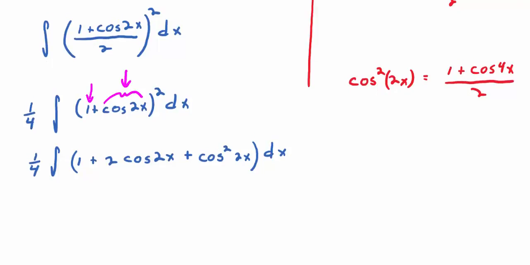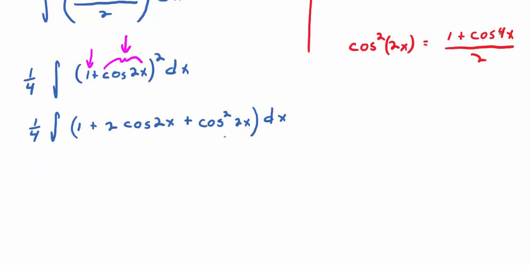So if it were 2x to start with, you double it, you get 4x here, right? Everybody see that? So long story short, I can replace cosine squared 2x with 1 plus cosine of 4x all over 2. OK, so that means in the next step, before I try to integrate anything, I'm going to replace this last guy with this guy.